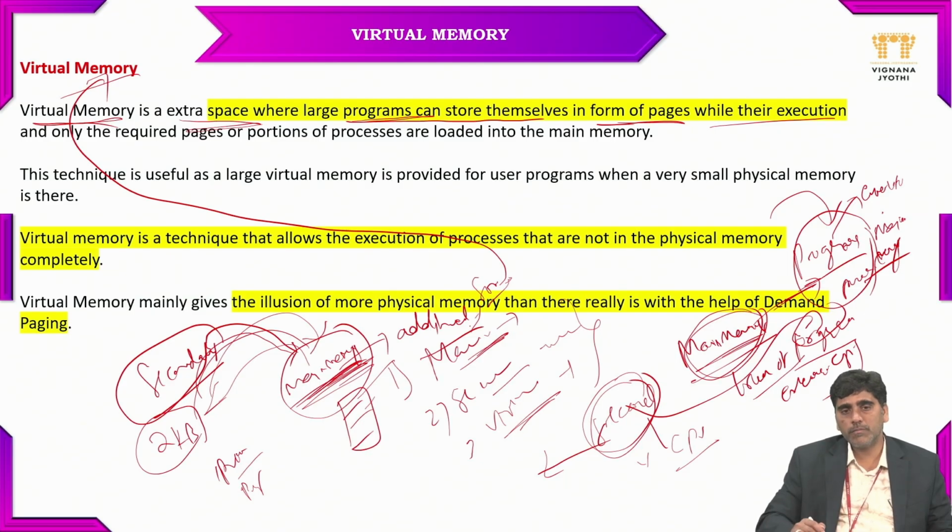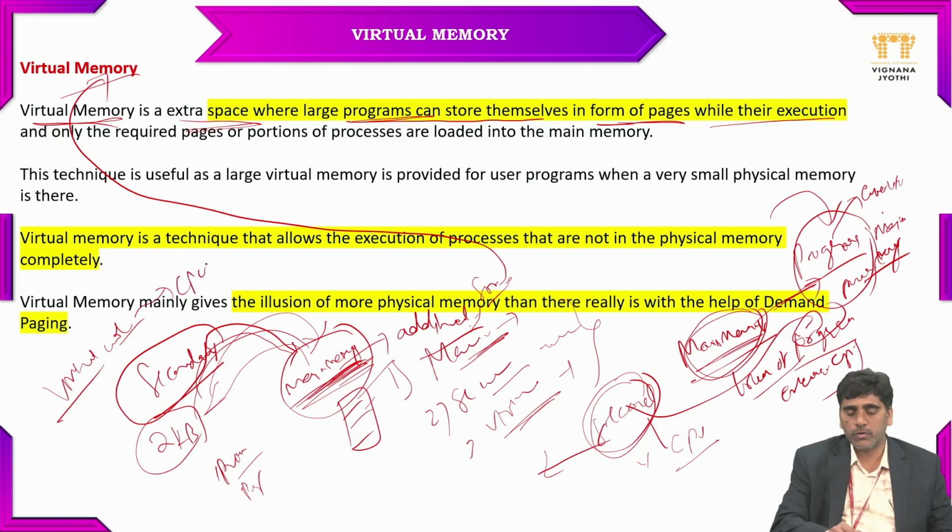This virtual address is generated by the CPU only. Logical memory and virtual memory are both generated by the CPU. Only the required pages or portions of the processes are loaded into the main memory.